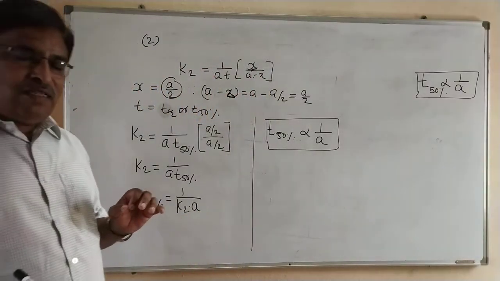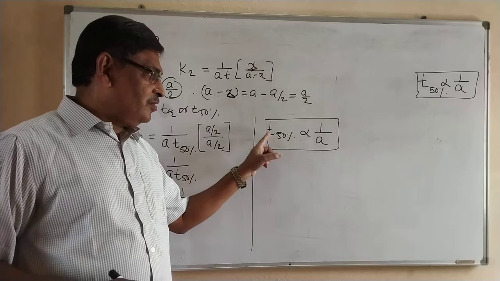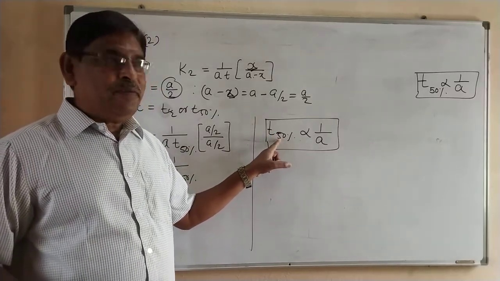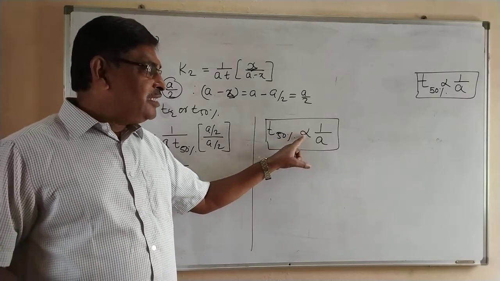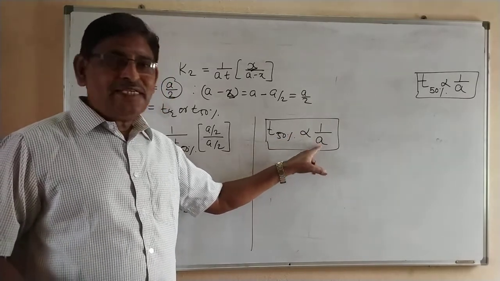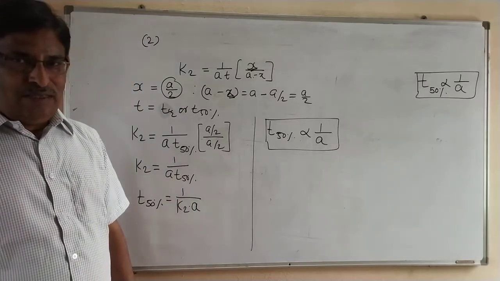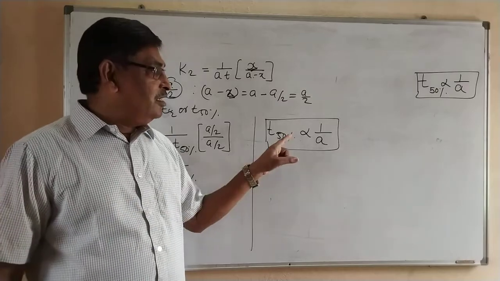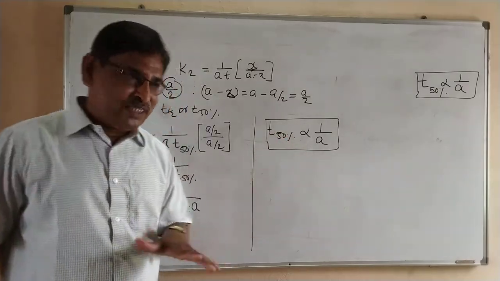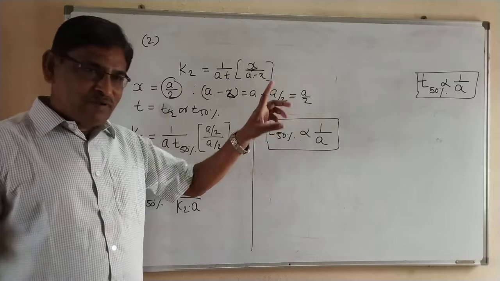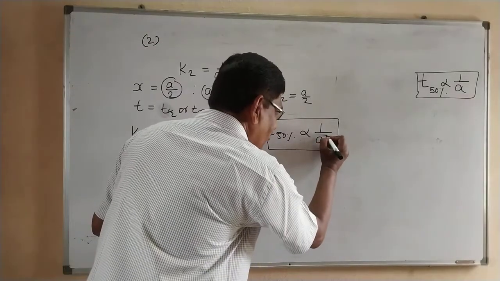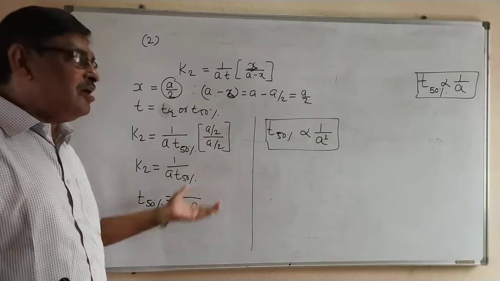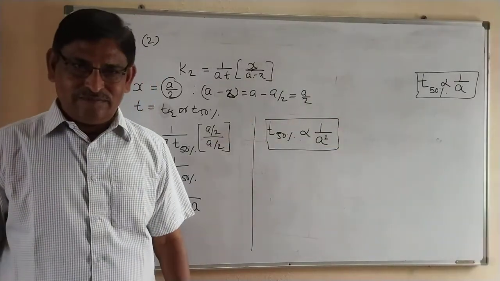Alright, the conclusion of this equation. Time required to bring about 50% of change is inversely proportional to the initial concentration. We can write in another way. Time required to bring about 50% of change is inversely proportional to the first power of initial concentration. Either initial concentration or first power of initial concentration.